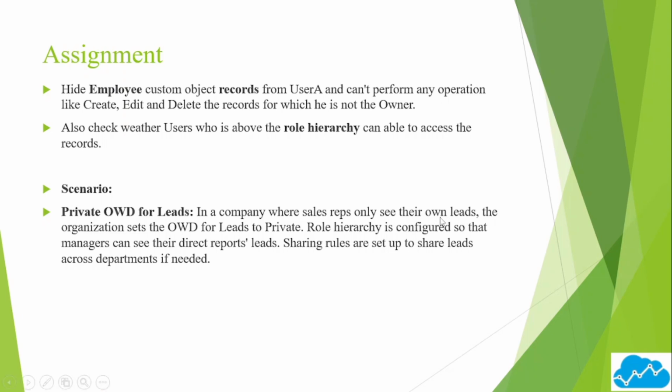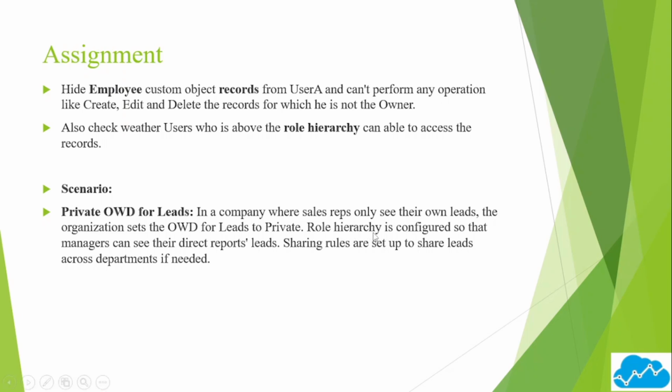But user A can't access user B's records, and again user B can't access user A's records. So the organization sets the OWD for leads to private. In case of private, only the owner of the record can see that particular record, and also can perform any operation with that record.